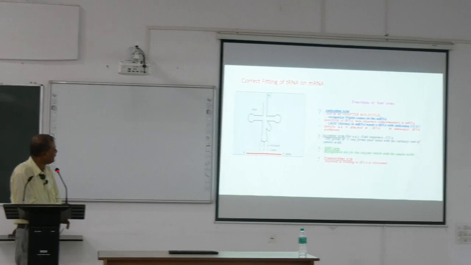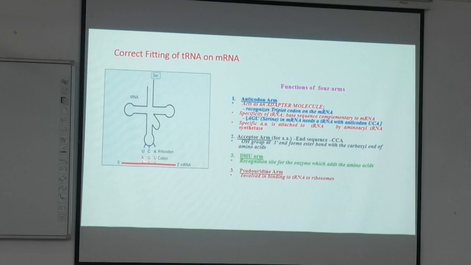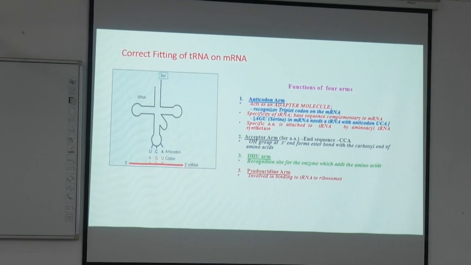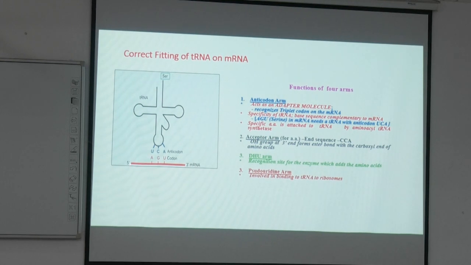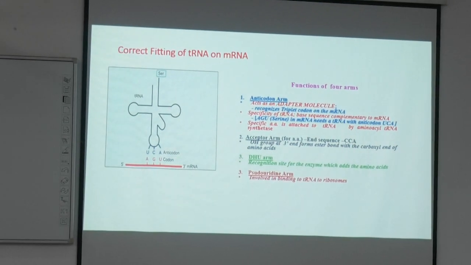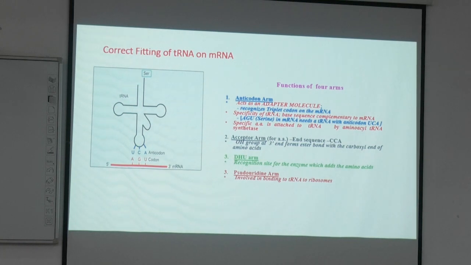Now, this correct fitting is required because this is the codon which is available on the mRNA, and translation starts from the 5' end to the 3' end and not the other way around. The anticodon fits correctly here based on the sequence, and the function of this anticodon arm is that it acts as an adapter molecule, recognizing the triplet codon on the mRNA.